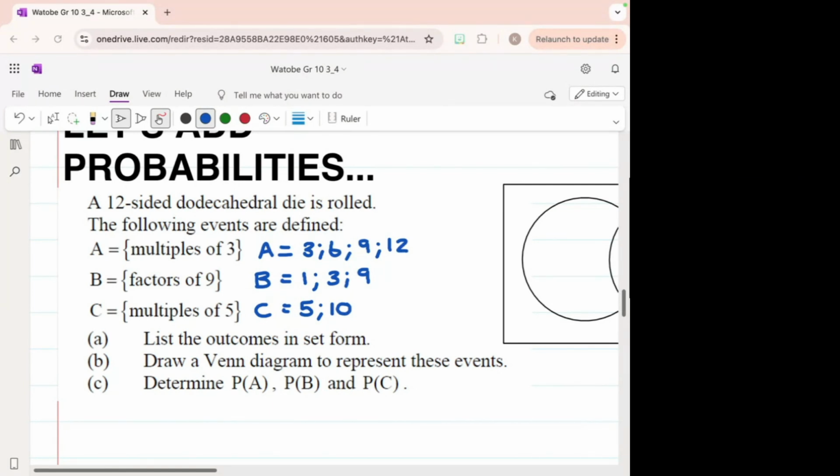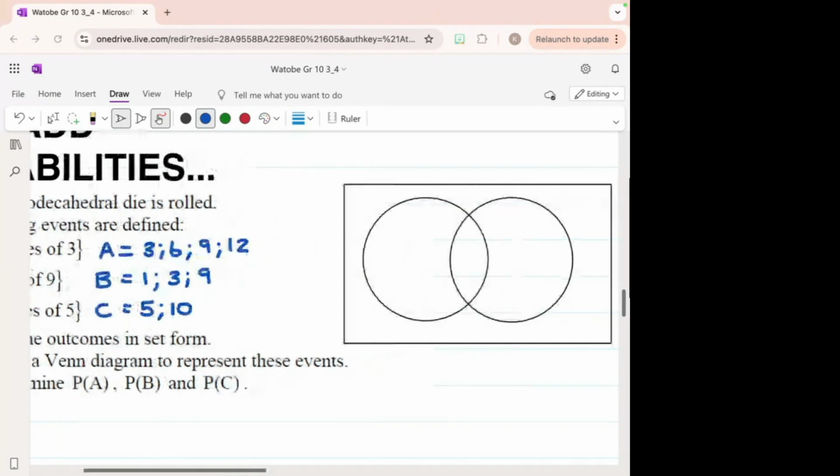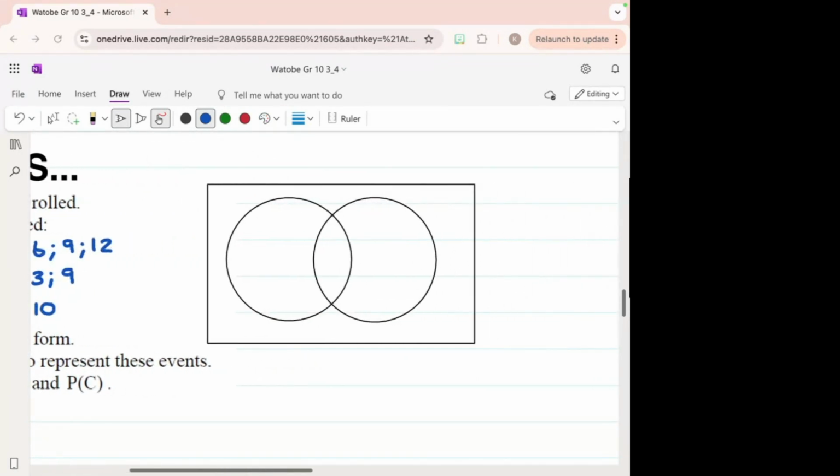Guys, how many events have we got? We've got 1, 2, 3. So this lovely one that teacher Coco has given us here is not really going to help us because there's only 2 events in here. I'm going to take teacher Coco's drawing and still use it, because I know I'm going to need a Venn diagram. I'm just going to take that line away and extend my box a little bit.